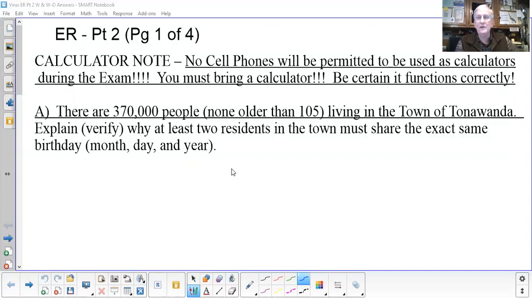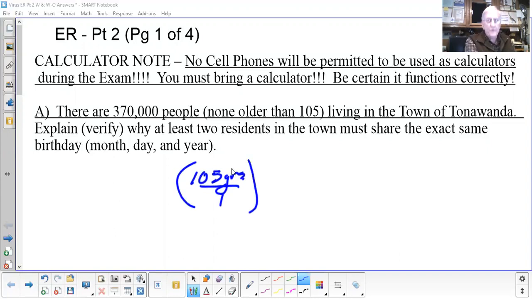So let's take a look at that, all right? Well, if the oldest person is 105, how many potential birthdays are there for these people in the town of Tonawanda? Well, if we take 105 years old as the oldest a person can be, and we know there are 365 days in a year.